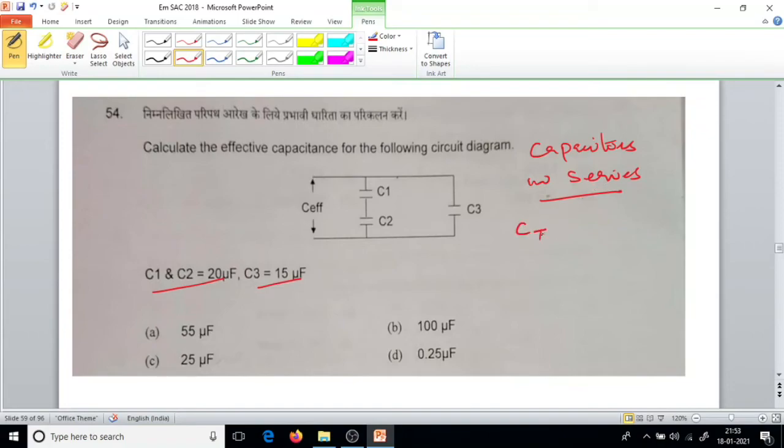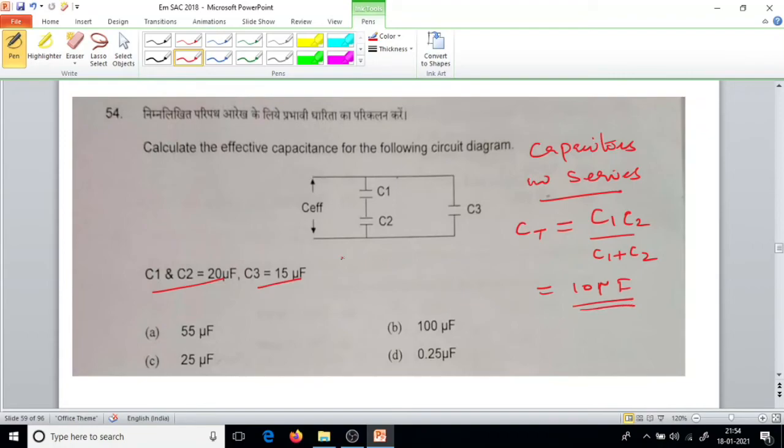What is the equation? It is like resistors connected in parallel: C1 C2 divided by C1 plus C2. Both are 20 microfarad, so we should get 10 microfarad.